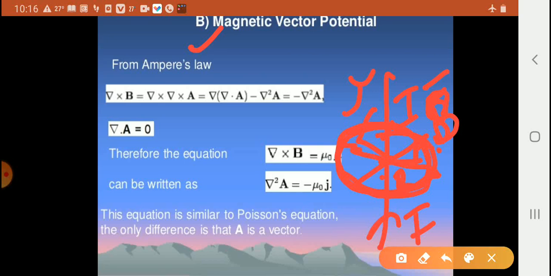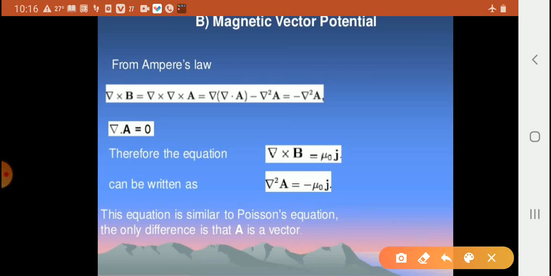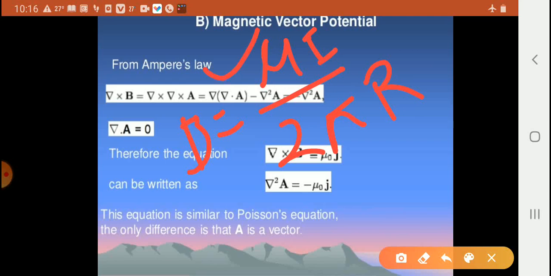The magnetic flux density is given by the Biot-Savart law: B equal to mu I upon 2 pi R. Here mu is the permeability of the medium, I is the current passing through the conductor, and R is the radius of the circular path.